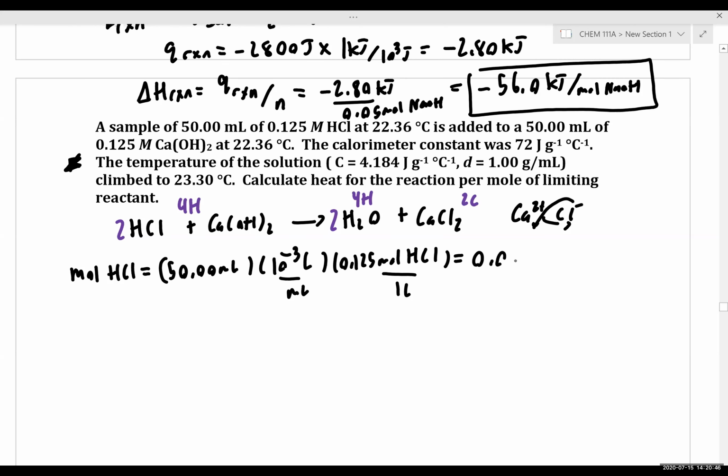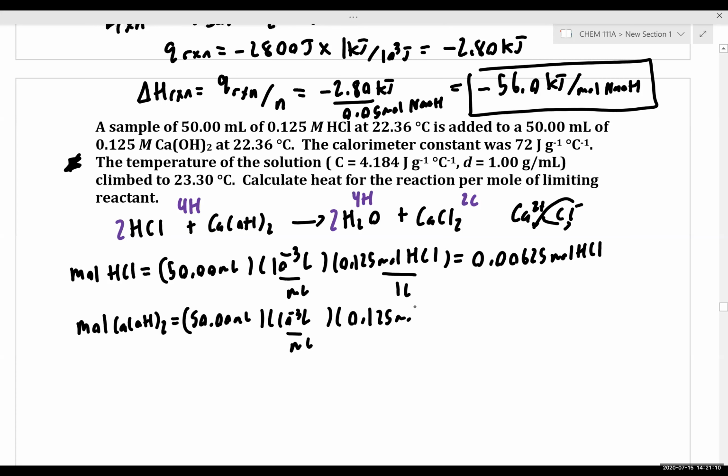That gives us 0.00625 moles of hydrochloric acid. We can also calculate the moles of calcium hydroxide, which is 50.00 mL times 10 to the negative third liter per mL times 0.125 moles of calcium hydroxide per 1 liter, which gives us 0.00625 moles of calcium hydroxide.